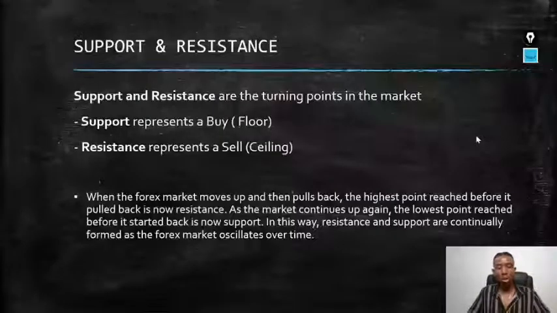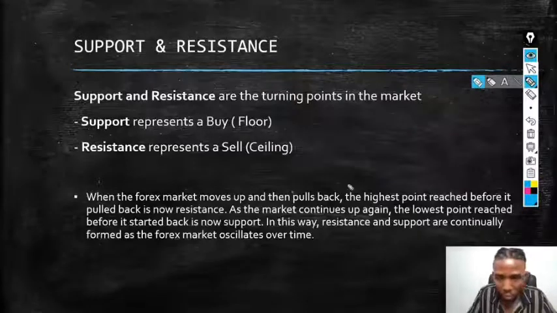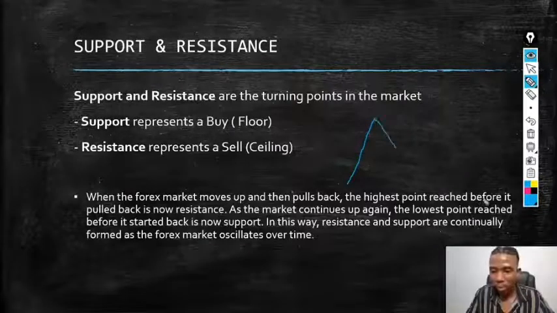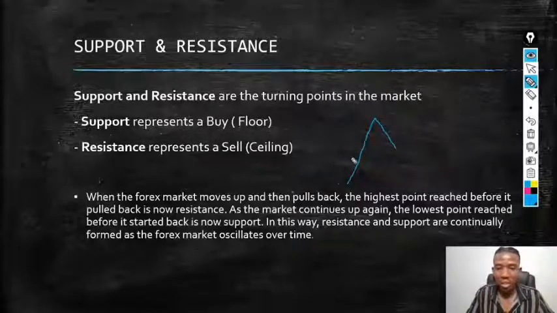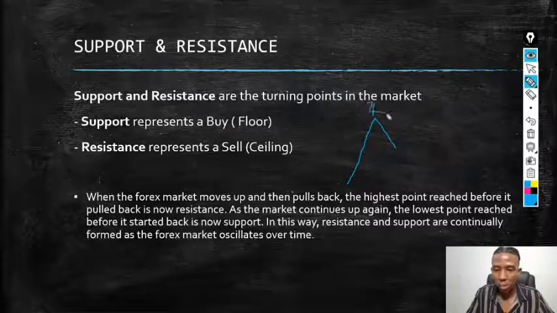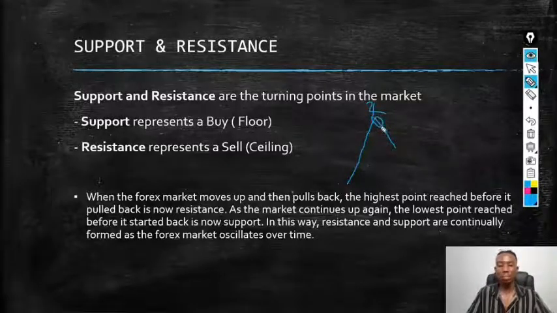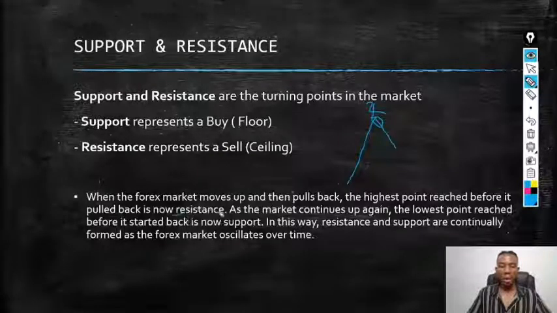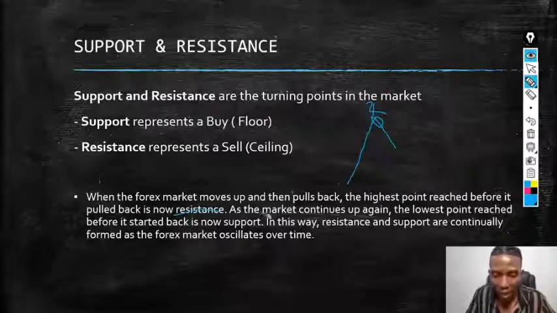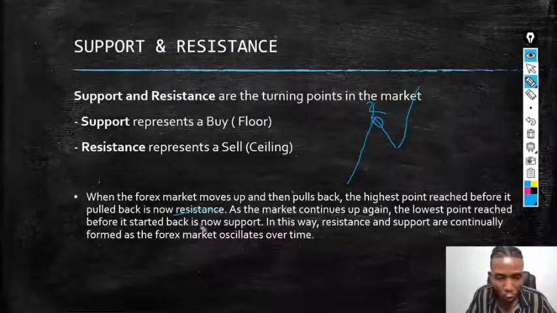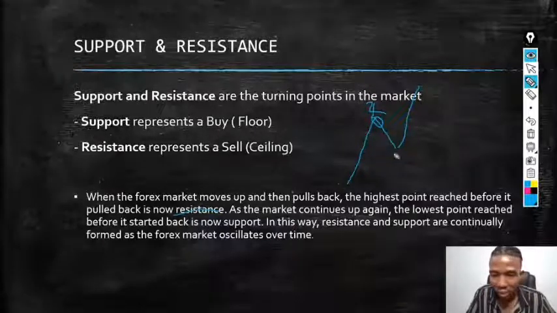So now let's continue. When the Forex market moves up and then pulls back, the highest point reached before it pulled back is now resistance, meaning right here would be our resistance. The market moved back and turned. This is our turning point. Hence it is now our resistance. Now let's continue. As the market continues up again, the lowest point reached before it went back up is now our support.